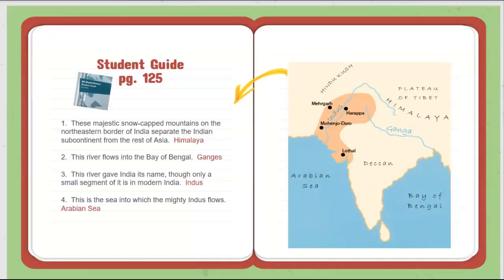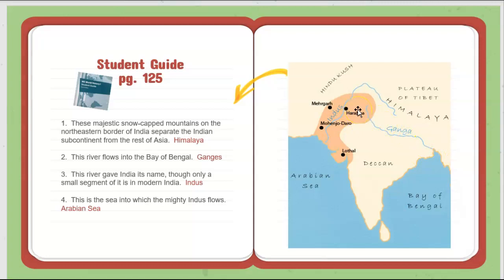Your student guide, page 125. Question number 1: these majestic snow-capped mountains on the northeastern border of India separate the Indian subcontinent from the rest of Asia, and those are the Himalayas right here. The river that flows into the Bay of Bengal is the Ganges River.